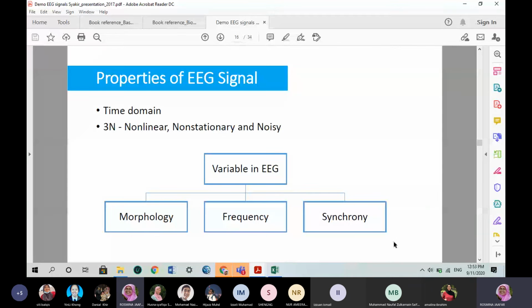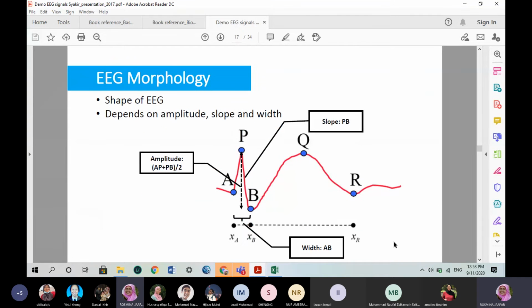Because sometimes, for example with epileptiform, it happens on maybe two channels, F1, F3 for example, and F3 and C3, but not F3, T3. Meaning the location is only in the frontal side, not in the back side of the head. So that is synchrony. Okay.